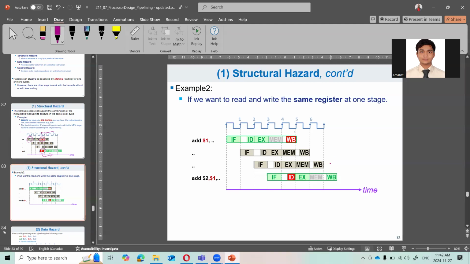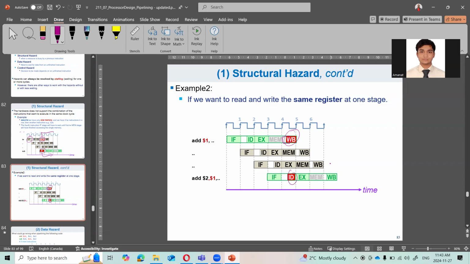so write back uses the register file, right? And decode also uses the register file. So how do we solve this? Well, we need two access points. That's one solution. But another solution is we always write back at half a cycle.